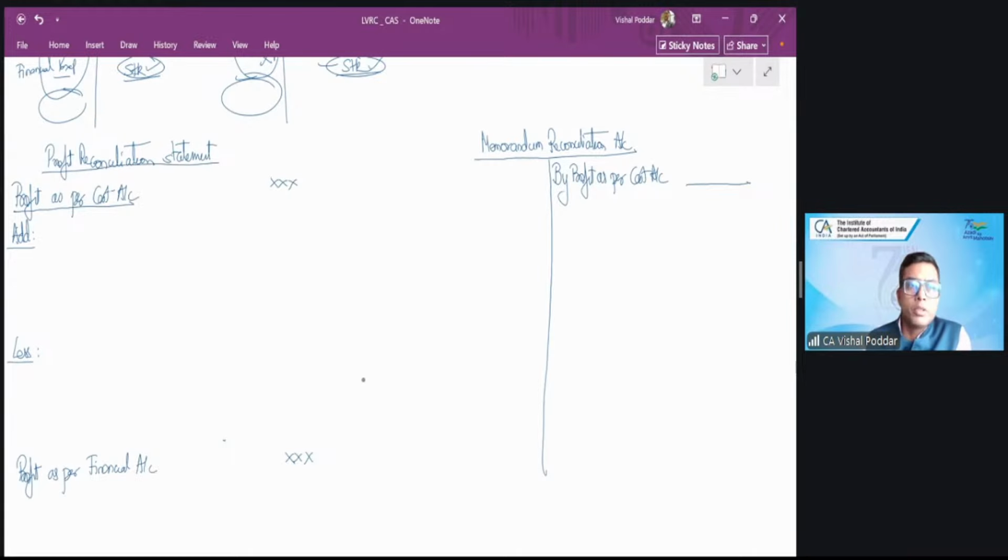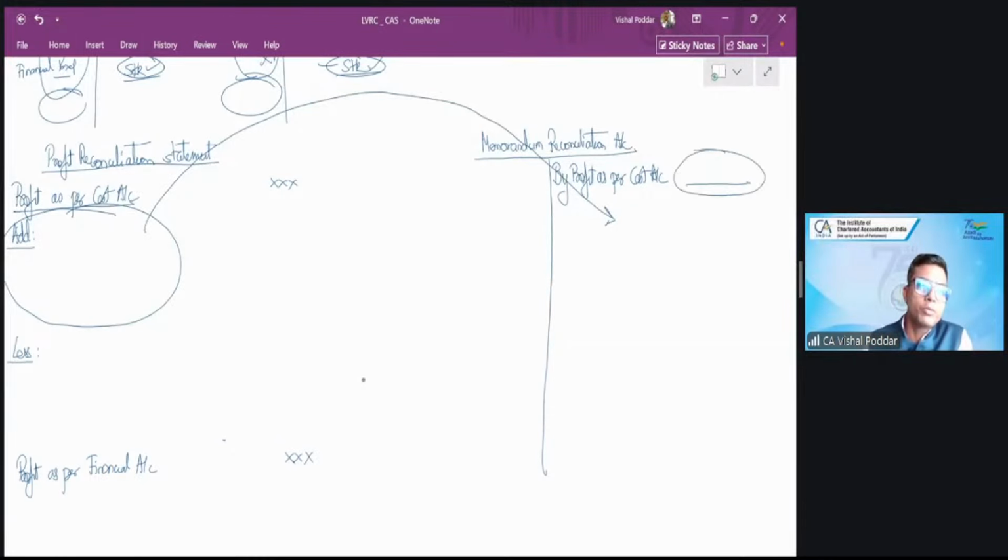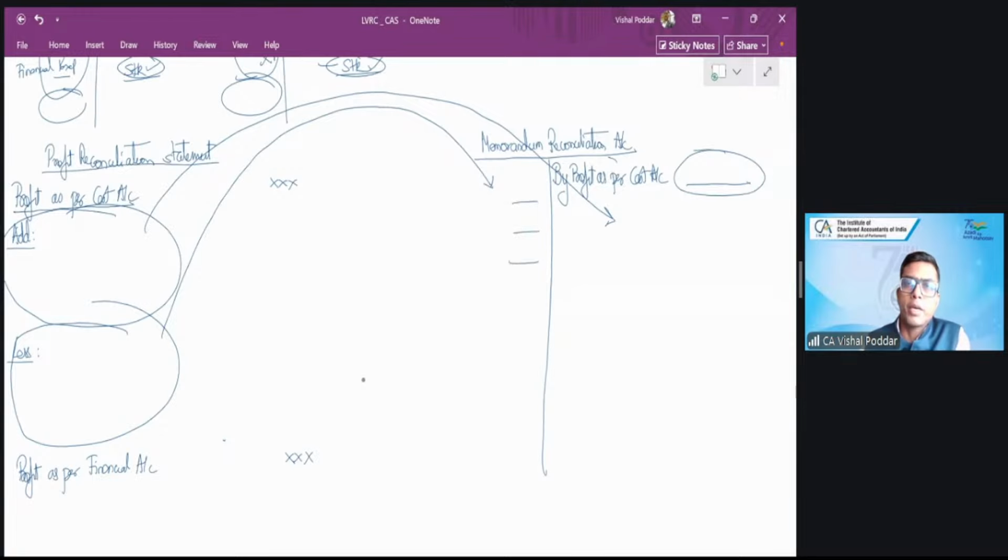Whatever you have decided as add should be posted on the credit side so that it automatically gets added to this value. So whatever we identify in the question as a difference to be added, we will put on the credit side. Similarly, whatever you identify as to be subtracted, we'll put on the debit side. So automatically these will get subtracted from the profit.